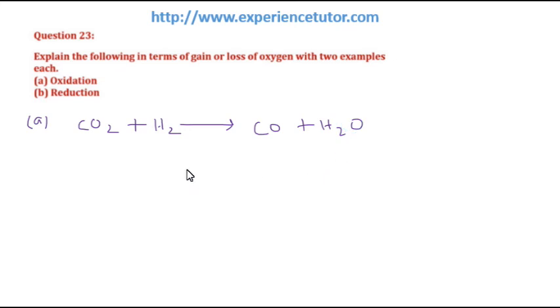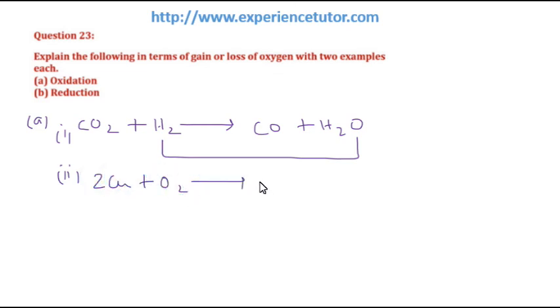In this case, hydrogen gains oxygen, so it is an example of oxidation. Next example for oxidation can be 2Cu plus O2 gives 2CuO. In this also copper gains oxygen, so this is an example of oxidation.